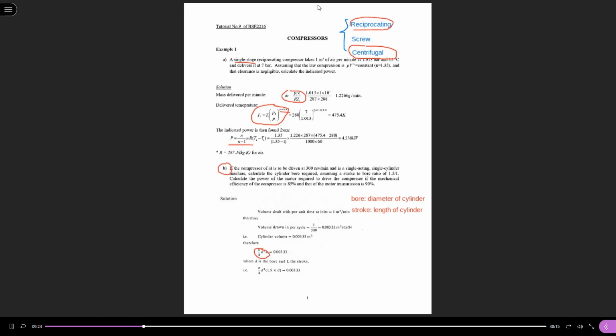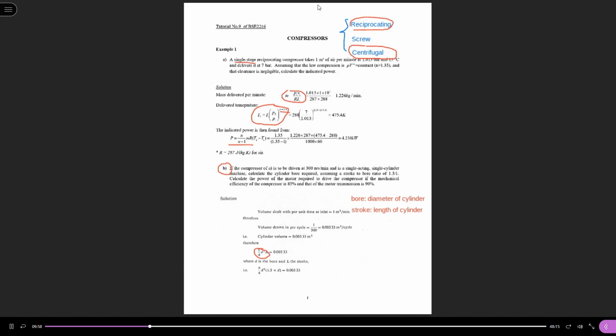Okay, so it's related to the working principle of the cylinder and also the geometry design of our cylinder. Firstly, we need to read the given conditions.